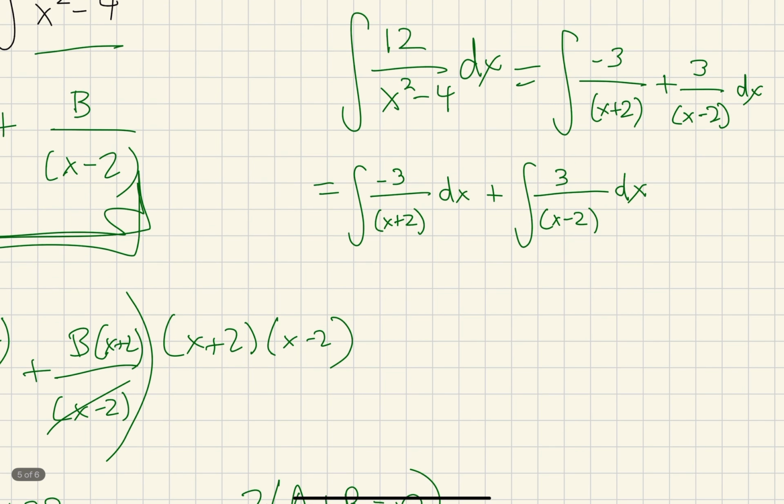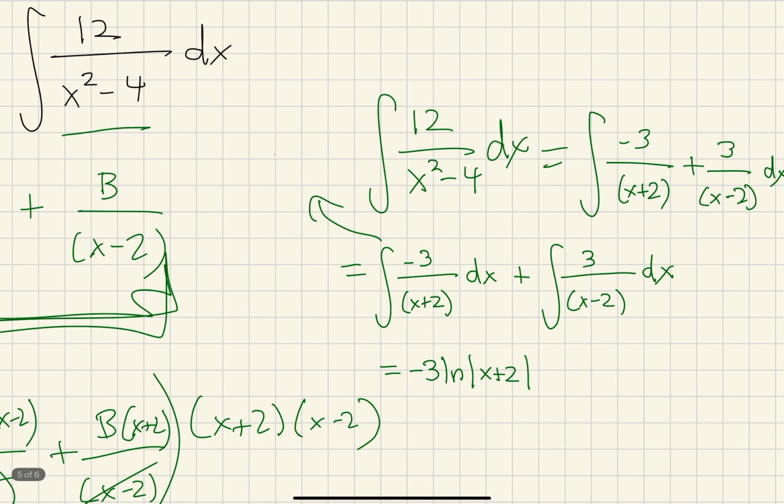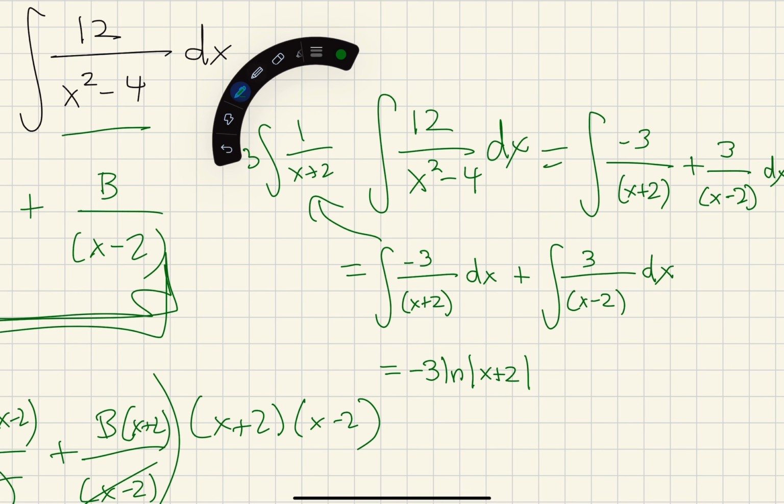So from this, we get negative 3 ln of absolute value of x plus 2. If you don't see it, I'm going to show it. This is basically the same thing as negative 3 times the integral of 1 over x plus 2, and the integral of 1 over x plus 2 is just ln of absolute value of x plus 2.